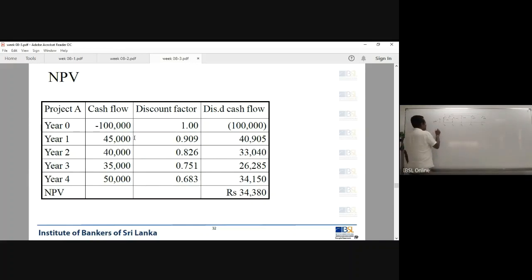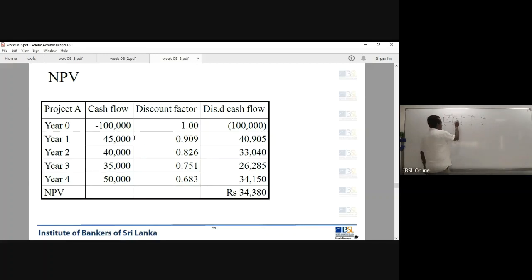I equals 10%. So 1 divided by 1 plus I equals 0.909. So the discounting factor for this is 0.909.